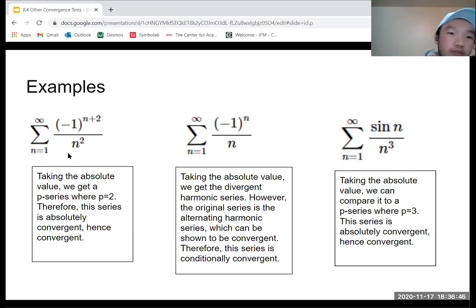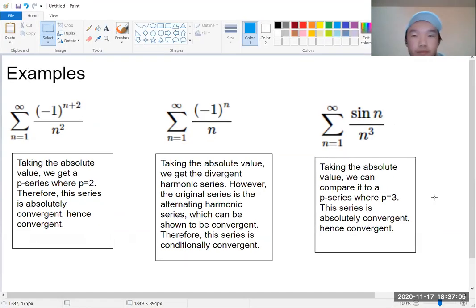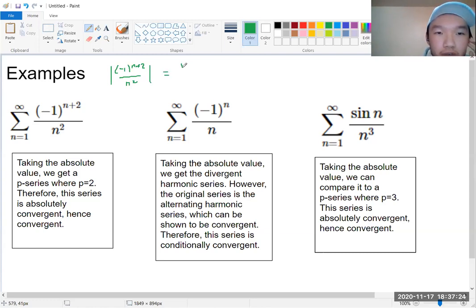So if you take the absolute value of this series, then you're going to get 1 over n squared, right?